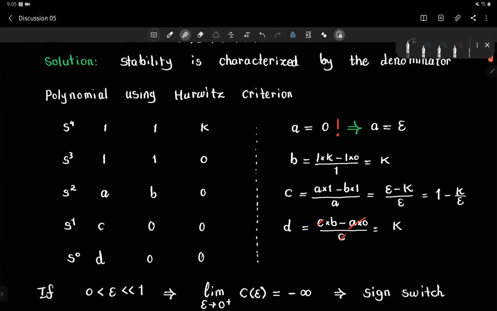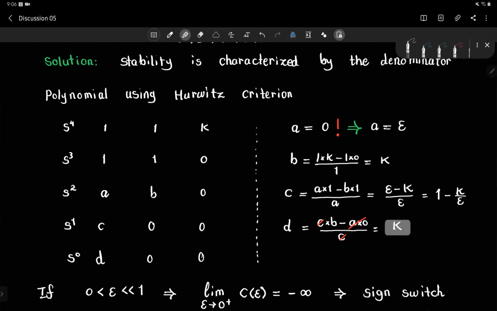However, if epsilon is positive, then this is positive. So we need that C and D, both of them, have to be positive. So we need that 1 minus K divided by epsilon is positive, and K also positive.